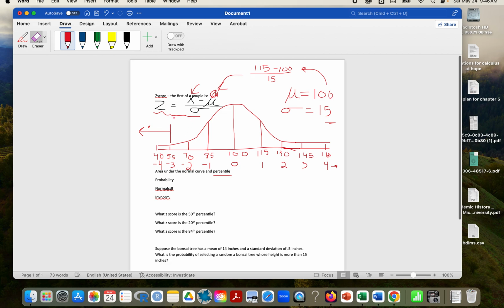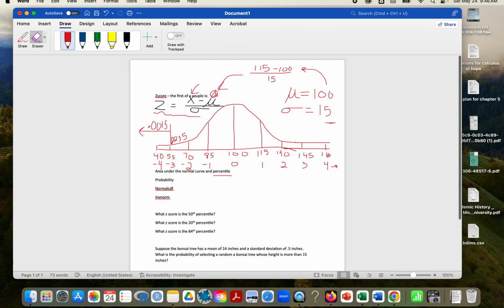Okay, so remember it was 0.0015 for all of the standard deviations to the left of the third standard deviation. And then this little wedge here was 0.0235, or 2.35%.